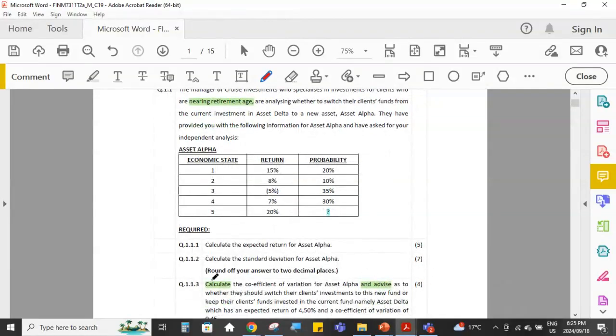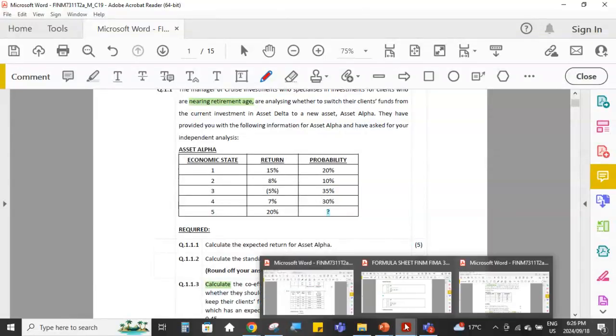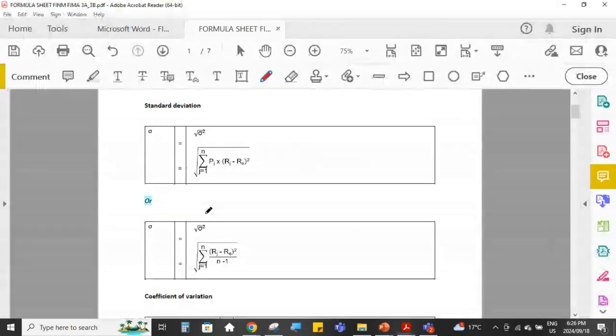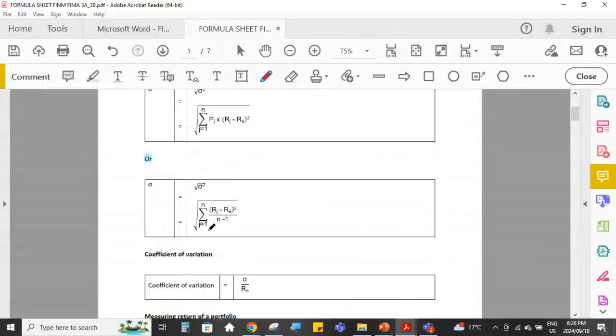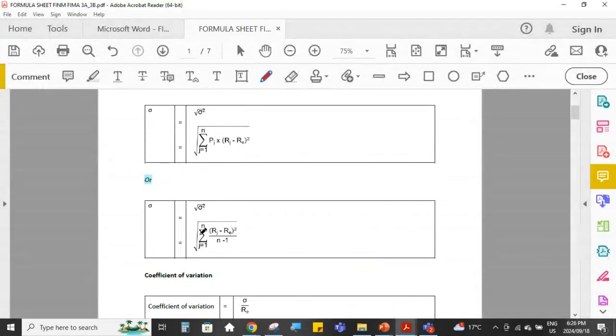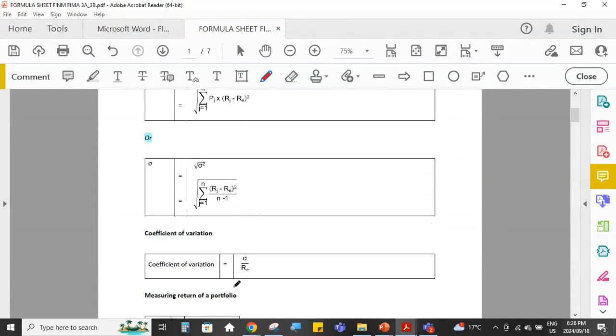So then for 4 marks, they then say calculate the coefficient of variation for asset alpha. So let's first just go and look at that calculation, also on the formula sheet. So they've grouped the formulas together. So here's standard deviation, and we usually follow the standard deviation calculation by the coefficient of variation calculation.